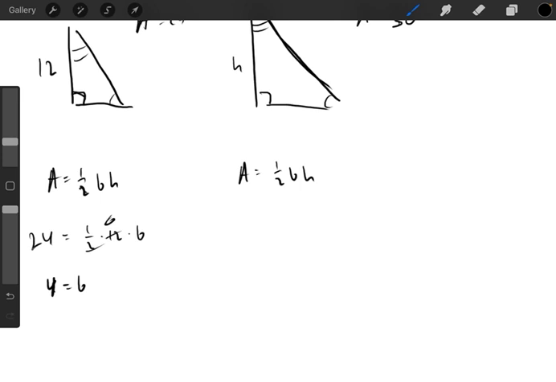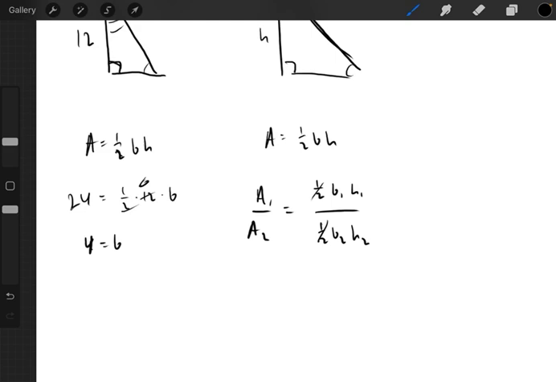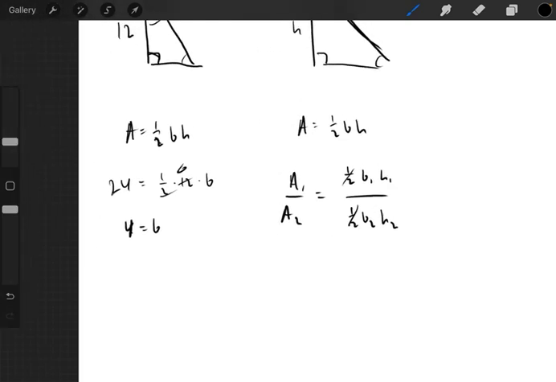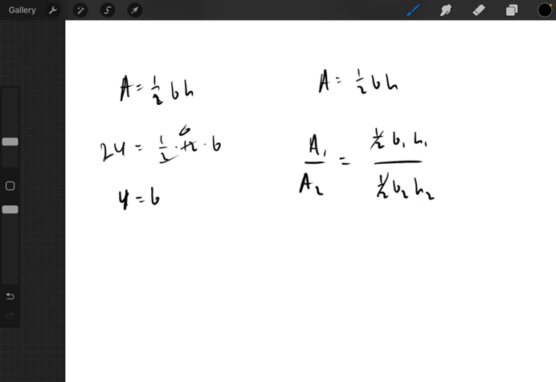If you wanted to make a proportion here, you can go, sorry if I'm talking quieter, my parents are asleep, area 1 to area 2 is equal to 1/2 b1 h1 over 1/2 b2 h2. The obvious part is that the 1/2s cancel out, but now we have to look at the h's and the b's. We know from this that b is 4, and h was 12.